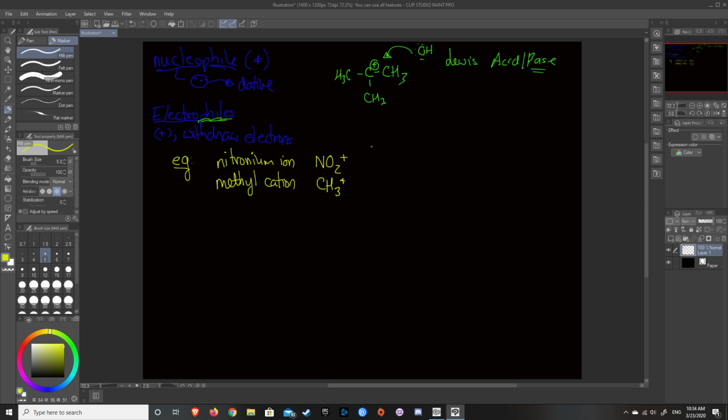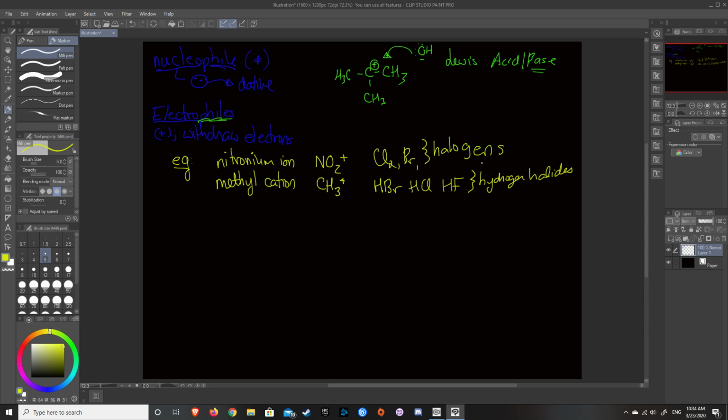And what we're going to see soon is that halogens can also act as electrophiles, as well as hydrogen halides, something like HBr, HCl, HF. So these are hydrogen halides, and these are halogens.